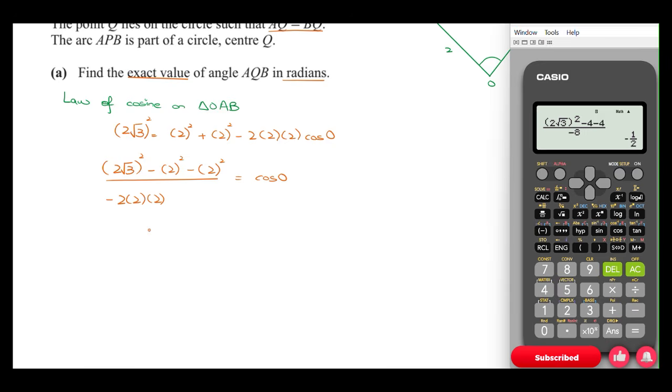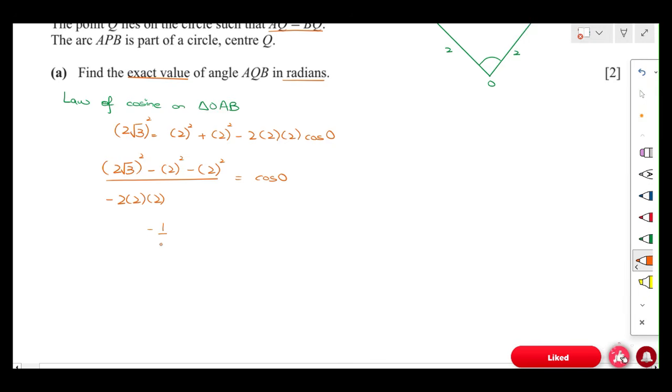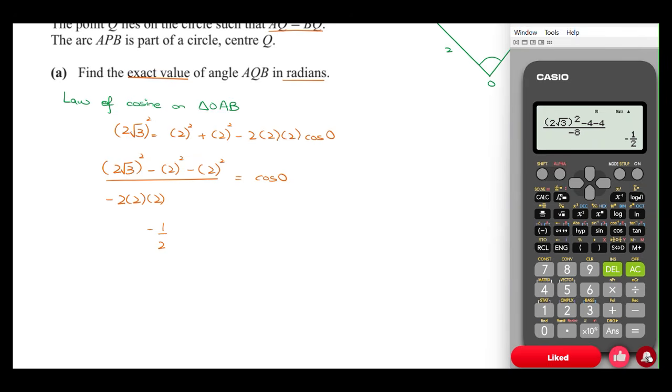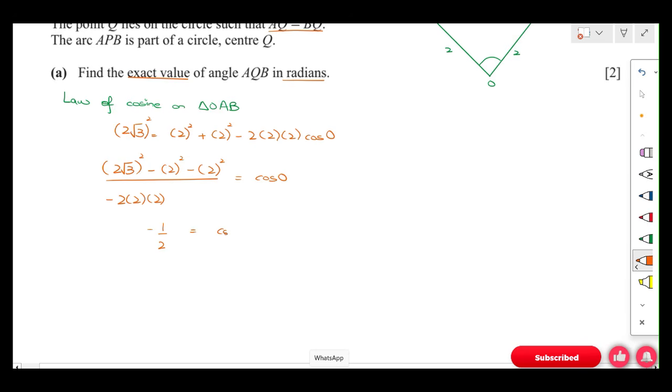So this is minus 1 divided by 2, which equals cos of angle O. To solve for angle O, we can say cos inverse of negative 1 by 2.